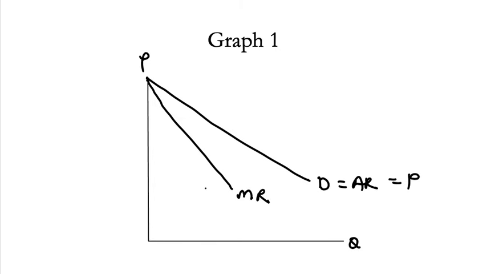So we have MR, we need to have another curve here, which is the marginal cost curve. To maximize profit, we have MR equal to MC at small letter point A here. How to determine the price? It has to be on the price curve or demand curve. So it is here.